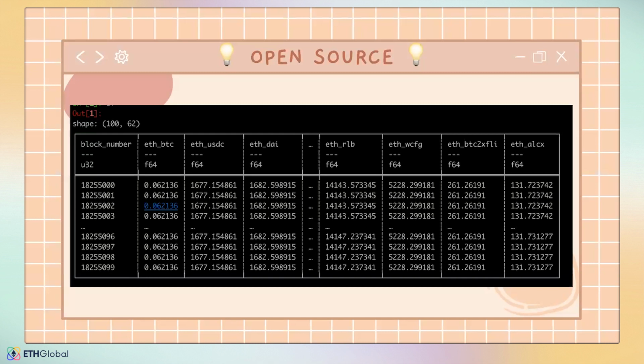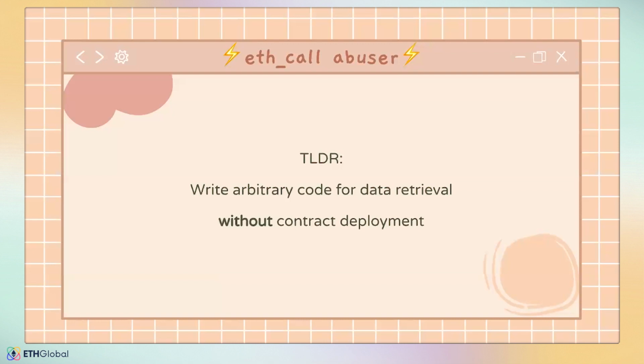But because Cryo extracts data on the blockchain, for anyone who has seen my other talks, you could use something called arbitrary code execution for data retrieval and implement it onto Cryo, whereby you write some Solidity code.